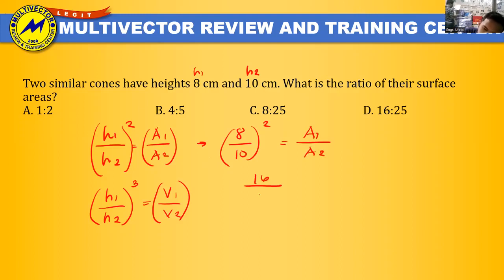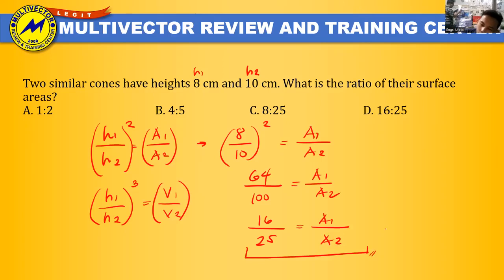So 64 all over 100. Okay, so pag sinimplify niyo yan, ang lalabas yan is 16 all over 25. Okay, ratio ng kanilang surface area. Okay, so letter D.